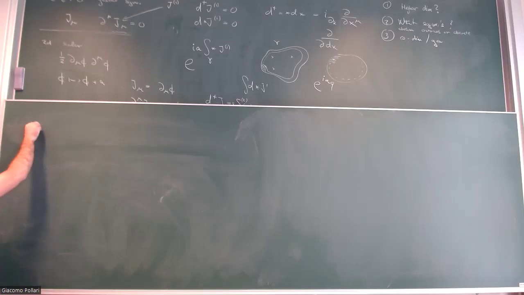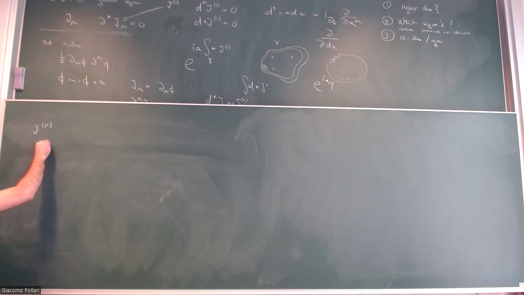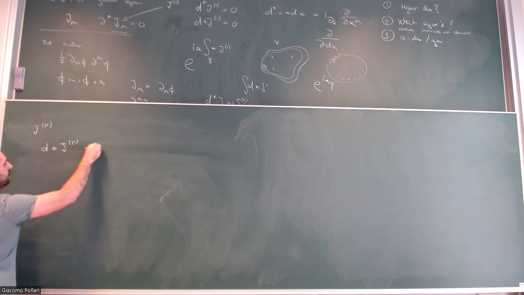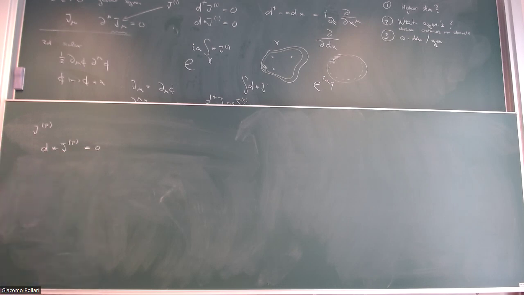Now I can have some form which satisfies the same kind of equation. d dagger is 0, right? Or d star J is 0, sans maybe some insertions, which we'll clarify.